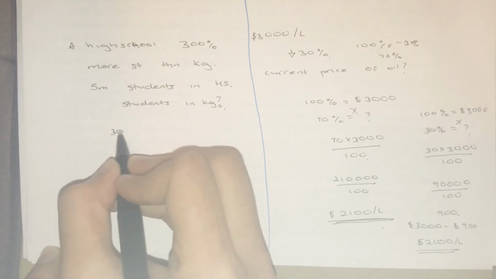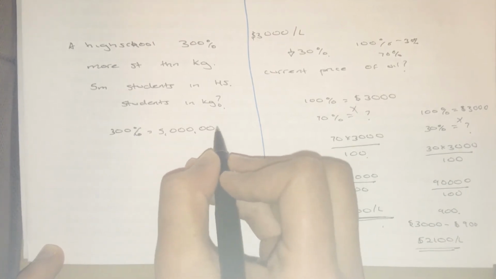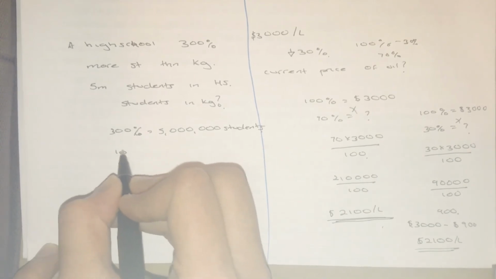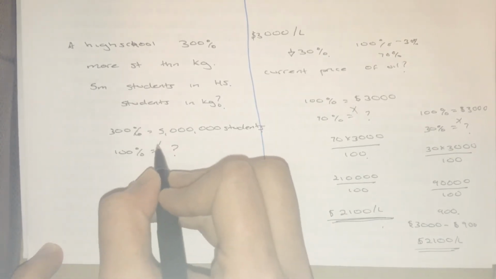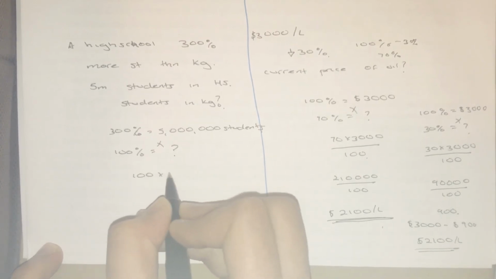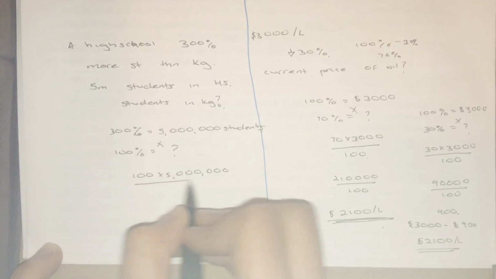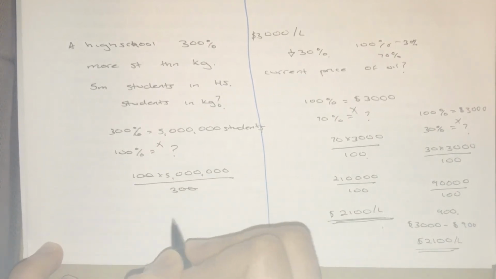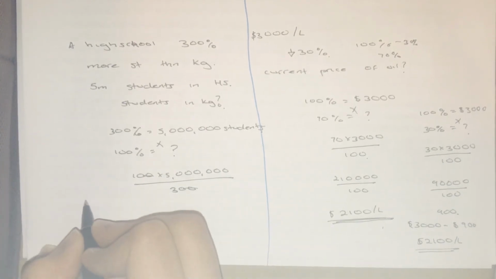So now we know that 300% is equal to 5 million students. 100% would be equal to, you take 100 times 5 million, you cross multiply, divide by 300. That's 5 million divided by 3.